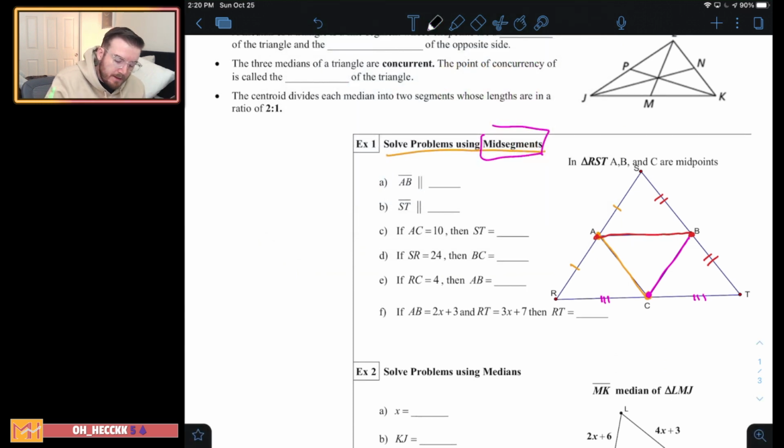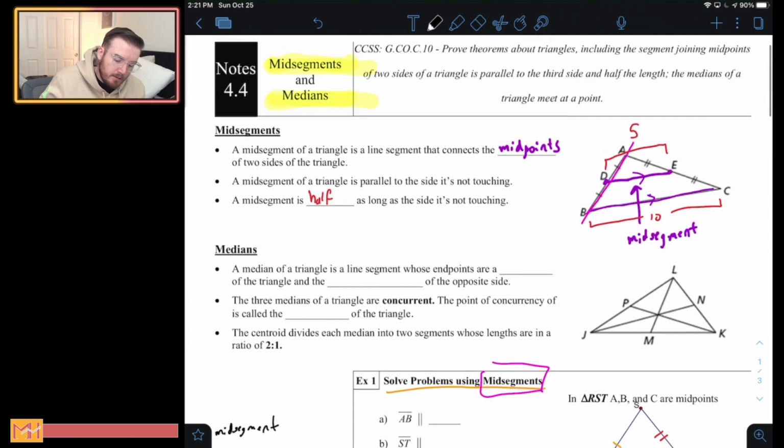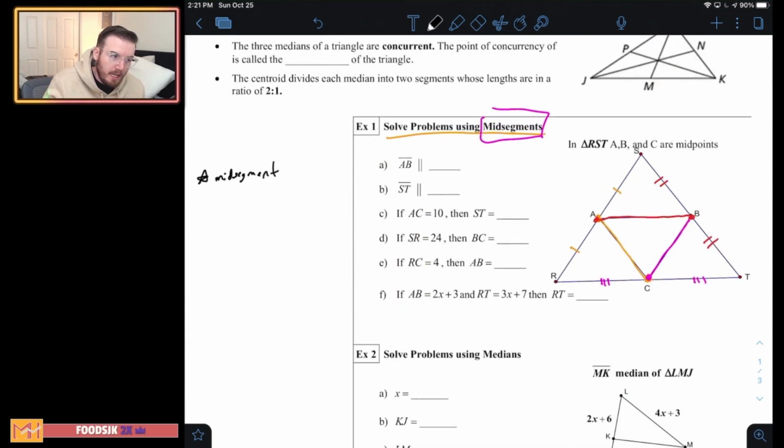The other two facts that we need to know: we already set it up here, but I'm writing it again so we have it right here. The midsegment is parallel, that symbol means parallel, to the side it does not touch.